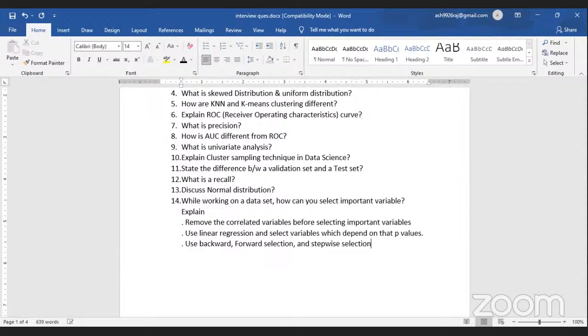And use XGBoost, random forest, and plot a variable importance chart.